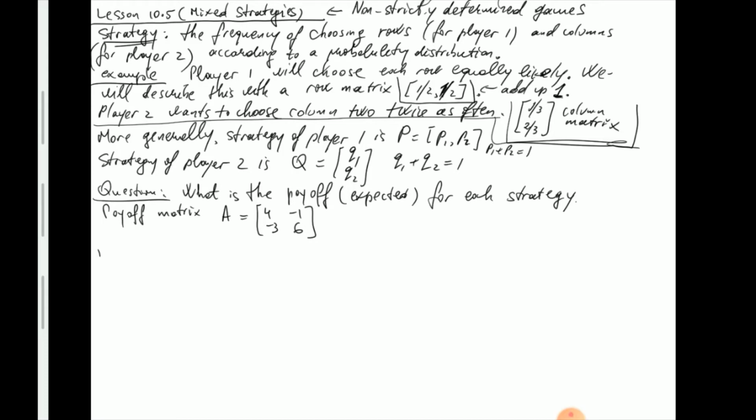So player 1 will choose either row 1 or row 2 with probabilities p1 and p2. So row 1 with probability p1, row 2 with probability p2.